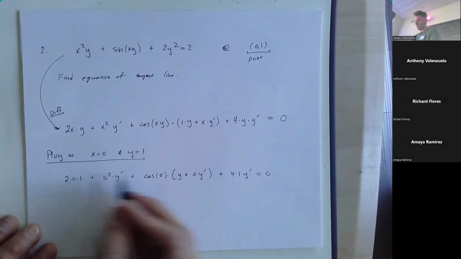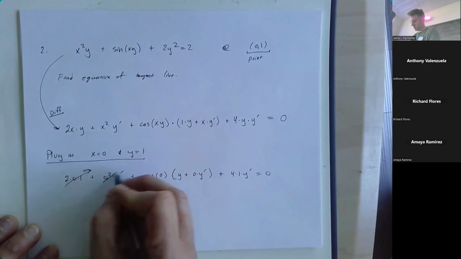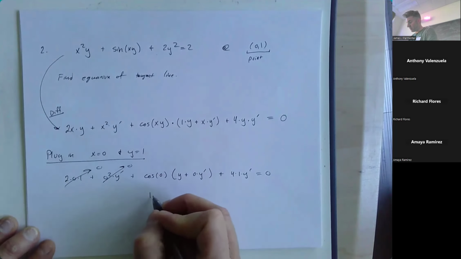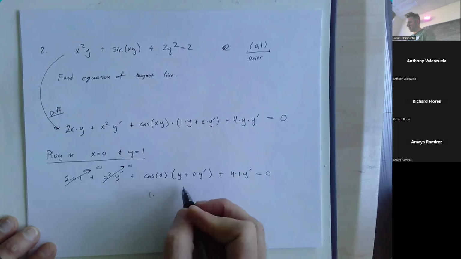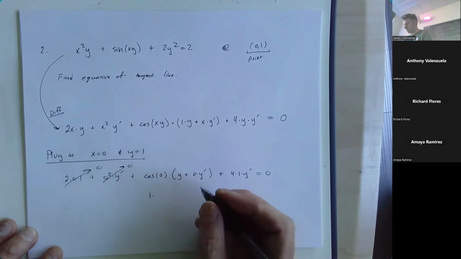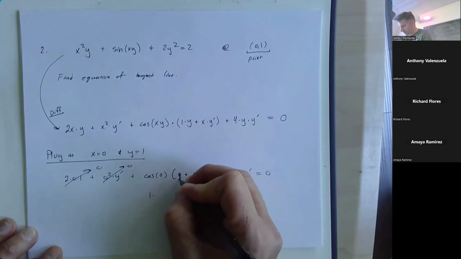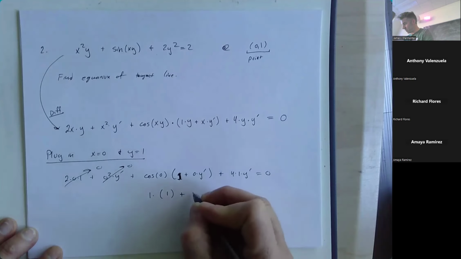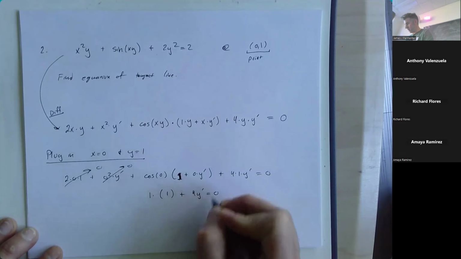So 2 times 0, yeah, 0. Cosine of 0 is 1 times, oops, I left myself a y here accidentally. That was a mistake. 1 times y should have been 1 times 1. Sorry about that. There should have been a 1 there. Plus 4 times y prime equal to 0.